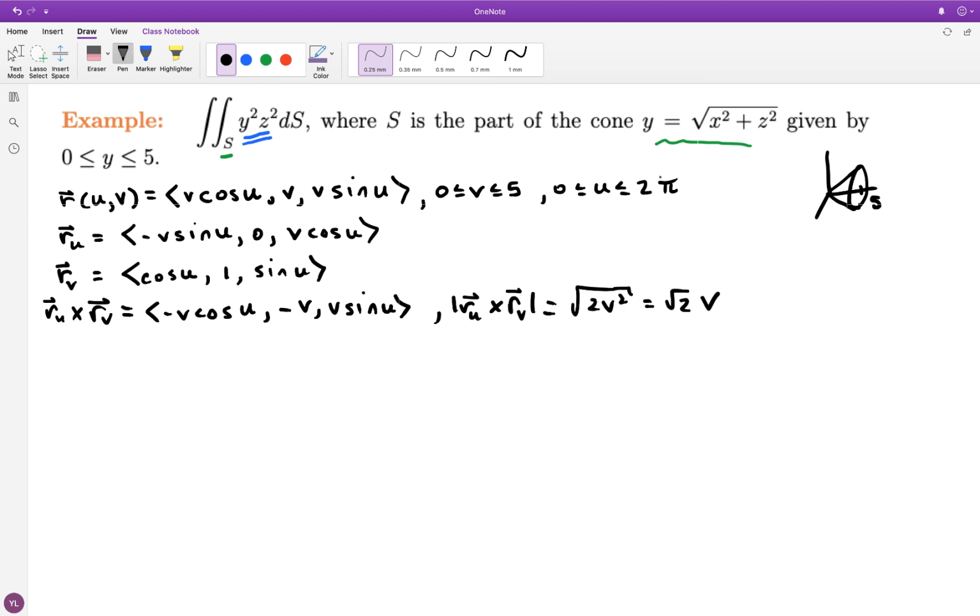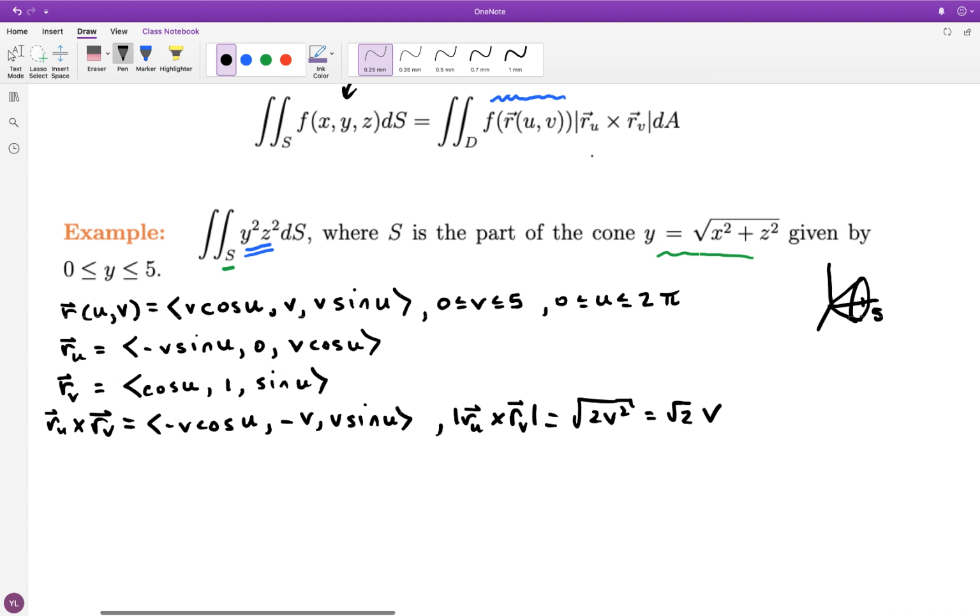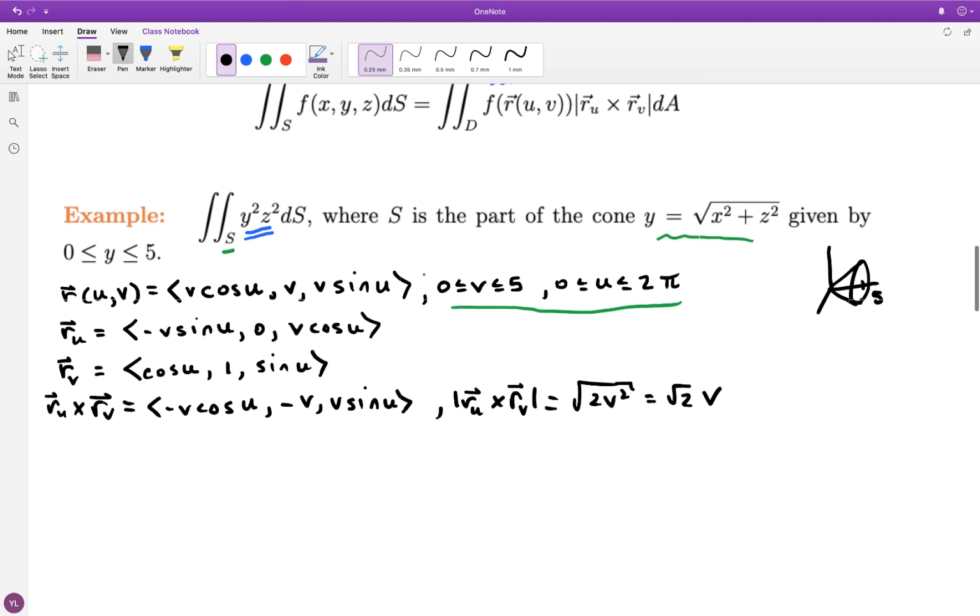Okay, I have parameterized the surface and I've computed the magnitude of r_u cross r_v because I need to put that into my surface integral. The parameter space over which I'm integrating is this rectangle in the uv plane, and now I'm ready to set up the double integral.